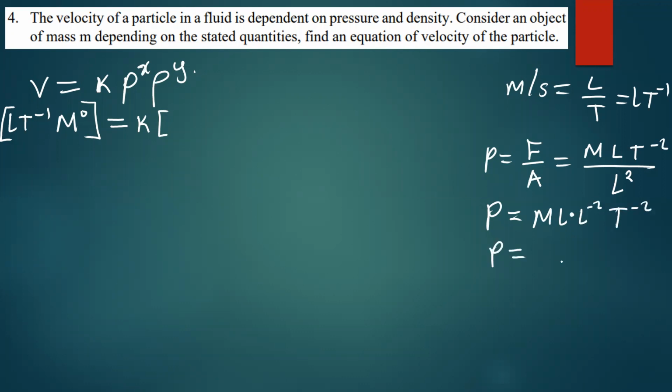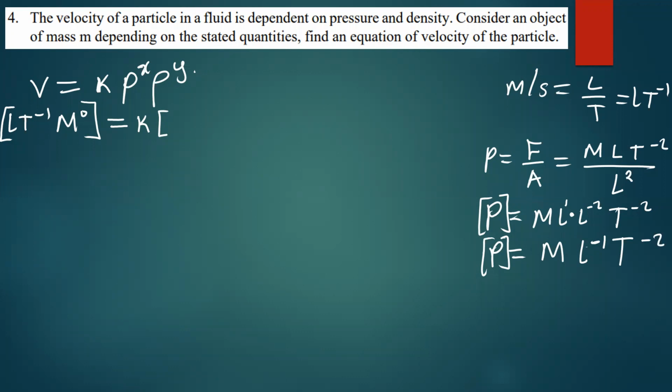So when you are representing dimensions, you have to write it like this. The dimensions for pressure: we're going to have L to the power 1, and this is just subtracting the powers, so 1 minus 2, we get L to the power -1. Then we have T to the power -2.